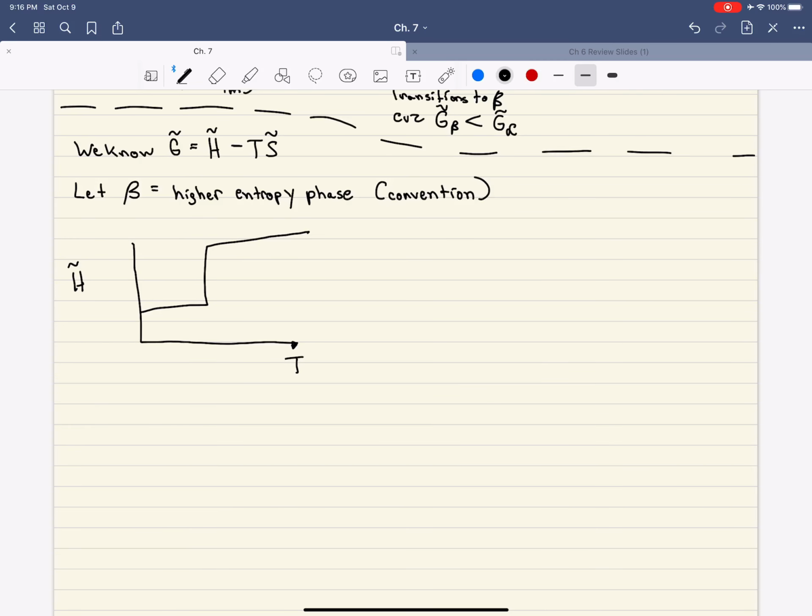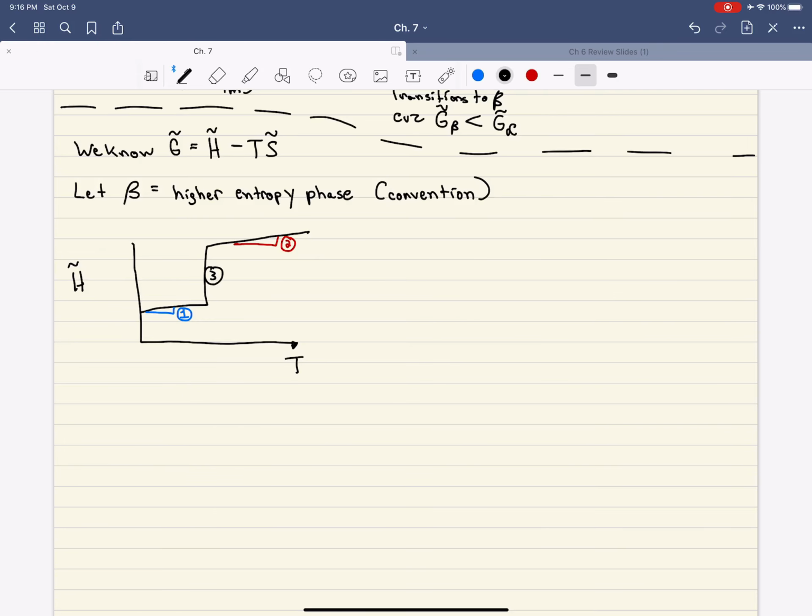There are three important regions on this plot: 1, 2, and then this jump here would be region 3.